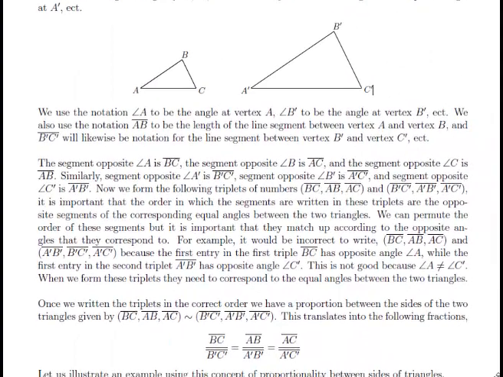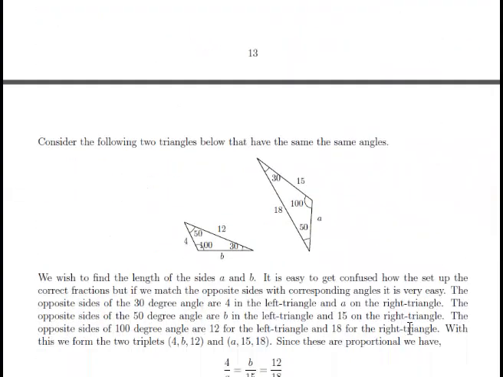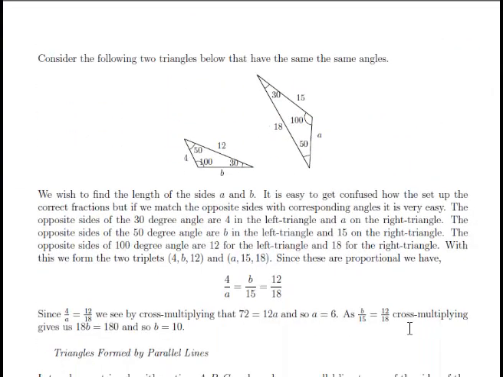It's also true, of course, that when dealing with similar triangles, you do have to make sure that the correct angles correspond to each other. In this example over here, you have two similar triangles. Certainly they are similar. You see the angles are all equal. This is 100, that's 100. That's 30, that's 30. That's 50, that's 50.